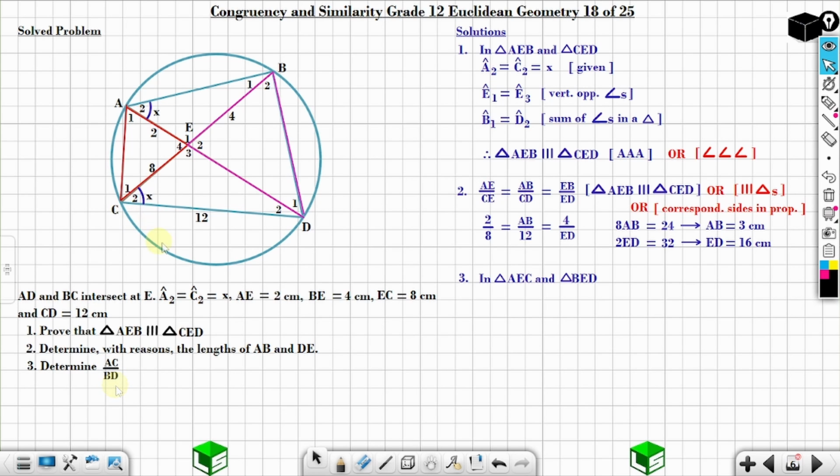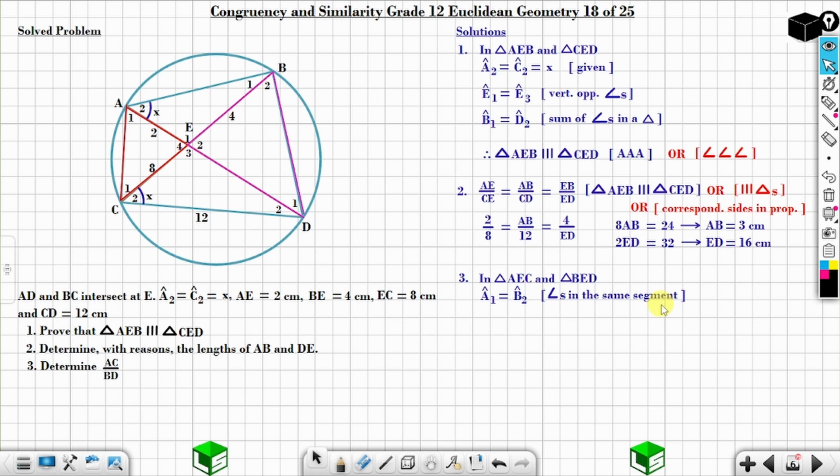Then from there we are going to write the proportionality equation and try to solve for AC over BD. The chord CD is subtending equal angles at the circumference. So A1 is equal to B2. Write the reason: angles in the same segment.